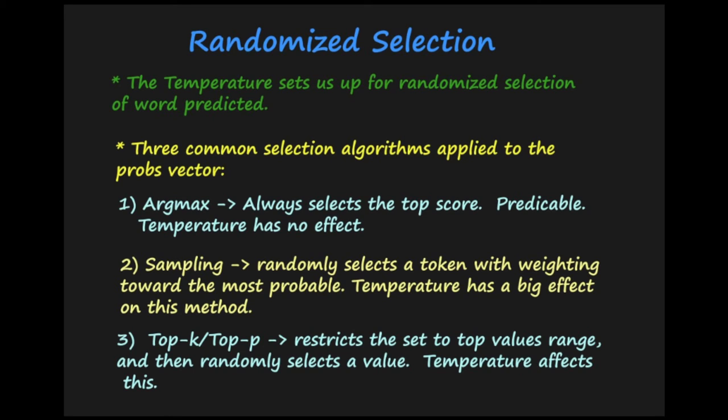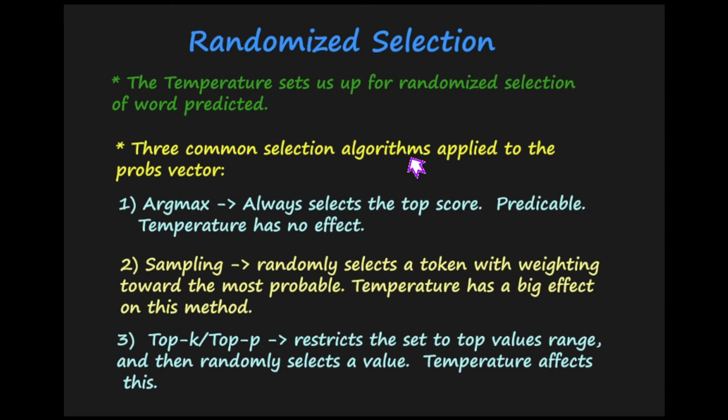And once we have the probability distribution, there are 3 algorithms we can apply. The temperature we used sets us up for randomized selection of the word predicted, as does normalizing with softmax.